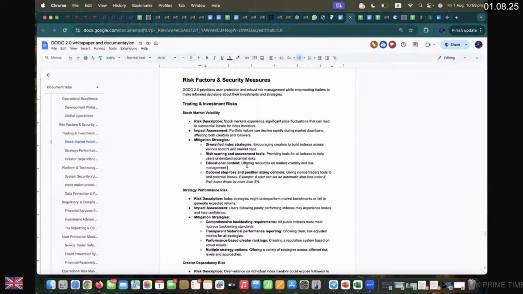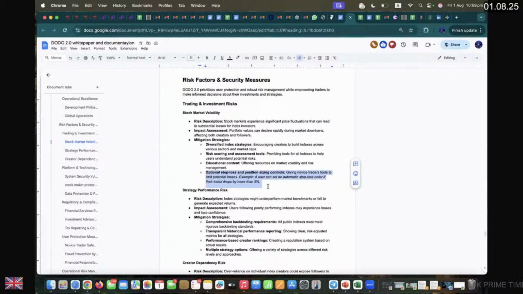Educational content, offering resources on market volatility and risk management, optional stop loss and position sizing controls. So I explained this on Wednesday as well, in which giving novice traders tools to limit potential losses. Example, a user can set automatic stop loss if their index drops by more than 5%.